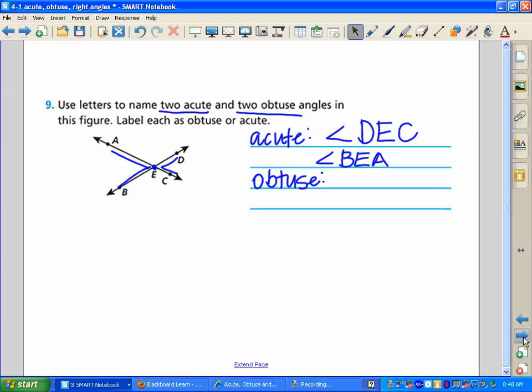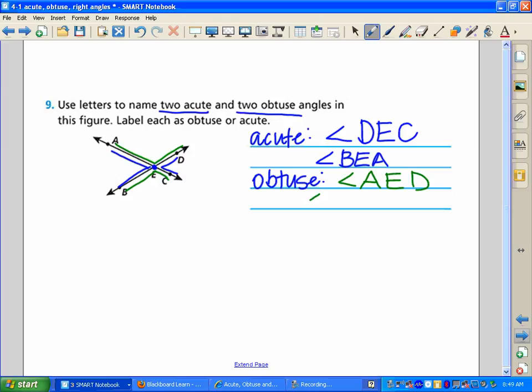Okay, obtuse angles, my big fat angles. Gianna, you can tell me one. She found angle AED. AED. This one is greater than 90 degrees. Okay, who can help me with my other angle, Kobe? CEB.